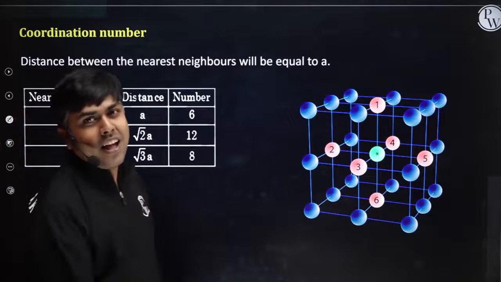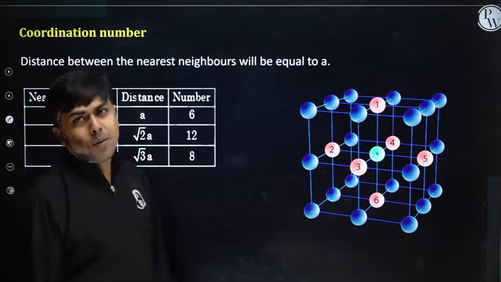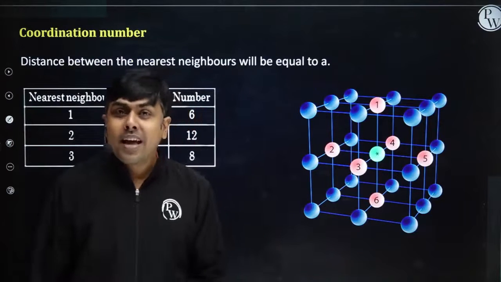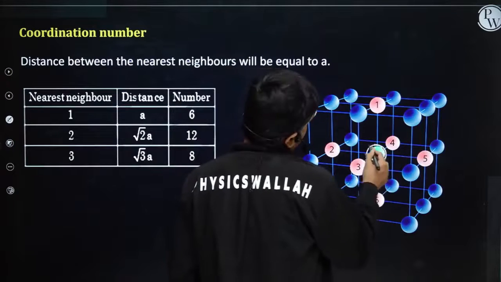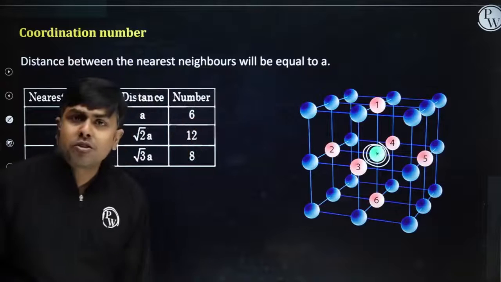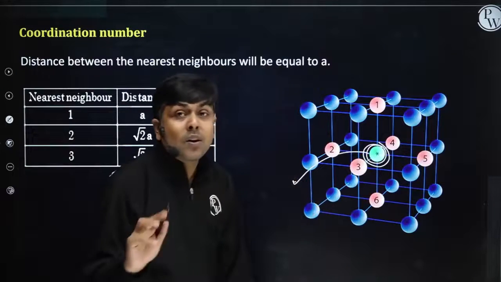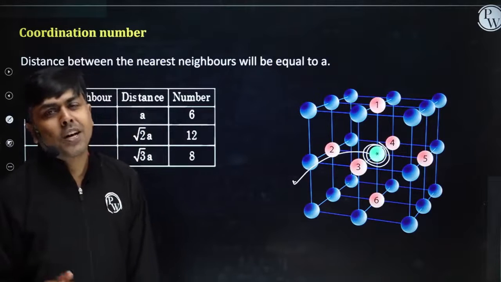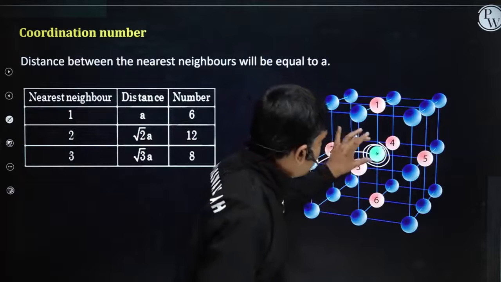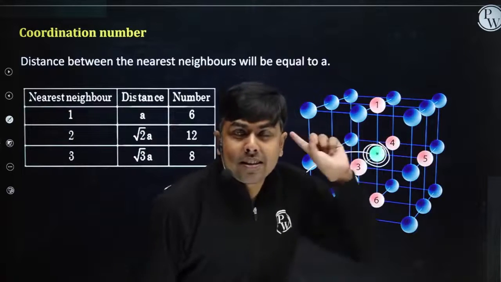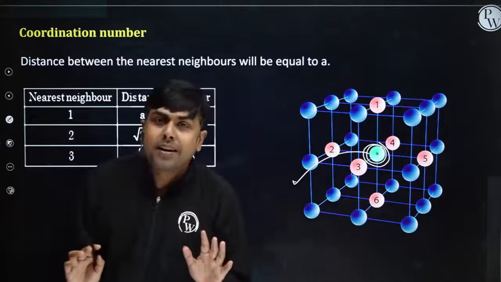Coordination number. I was talking about this only, right? Student, if I talk about the coordination number of SCC, let's suppose this is my test particle or constituent particle for which I am going to calculate the coordination number. In an SCC unit cell, if I talk about this particular atom, at a distance of a, it is going to be surrounded by 6 particles.